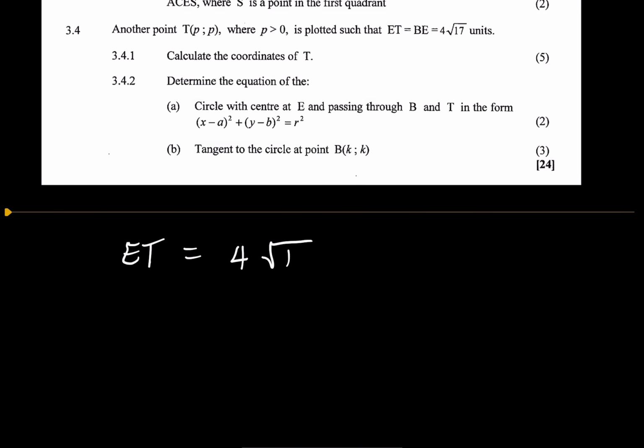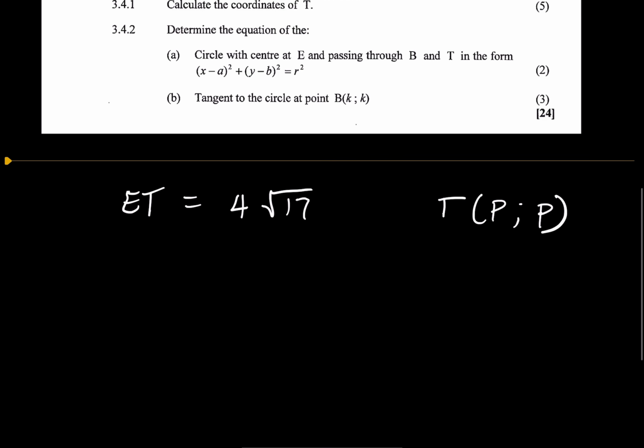Now note we don't know where that point is, but we know the distance of it. So we can use our distance formula and say, suppose that the point T is (P, P), meaning it's got a similar x value and y value.